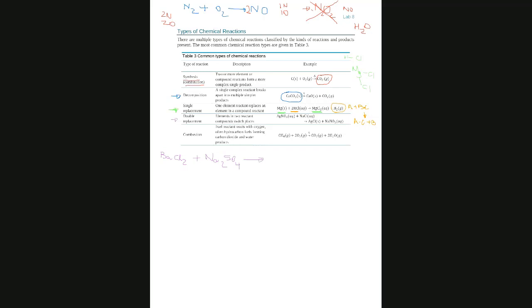And this forms sodium chloride plus barium sulfate. And barium sulfate is solid. But let's not go much into depth in this. What I want to show you is that they change partners.